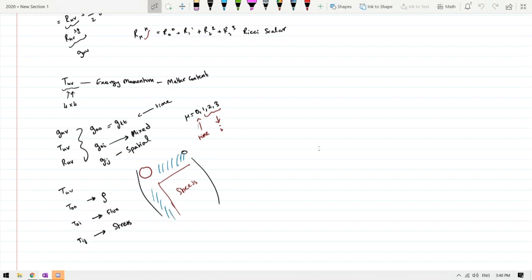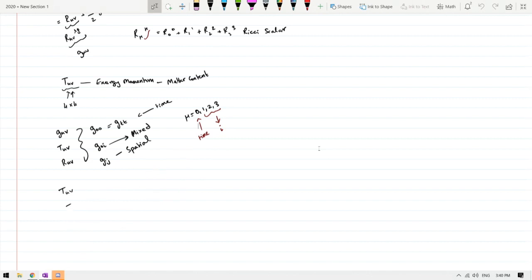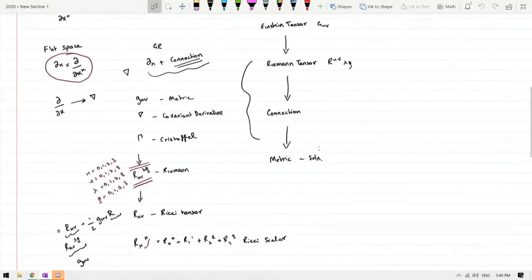Hopefully you've now seen that the Einstein field equations really have very few limited players. This is all the hard part here, this bit, that's all the difficult bits. And once you have this, calculating the energy momentum tensor is fairly easy.